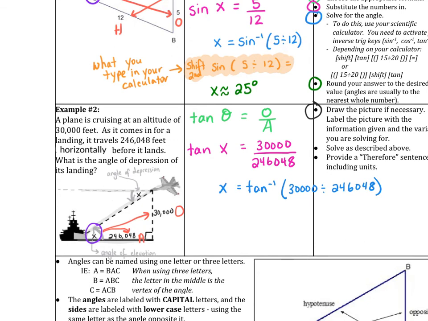And you're going to get that the answer is approximately 6.95, which would round to 7 degrees. And of course, since it's a word problem, the angle of depression is approximately 7 degrees.